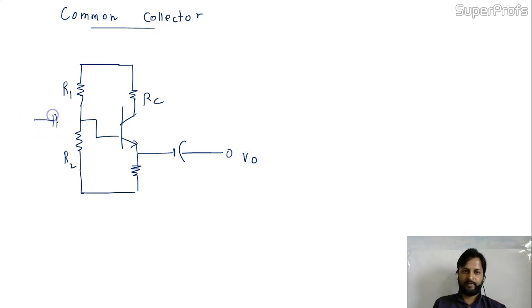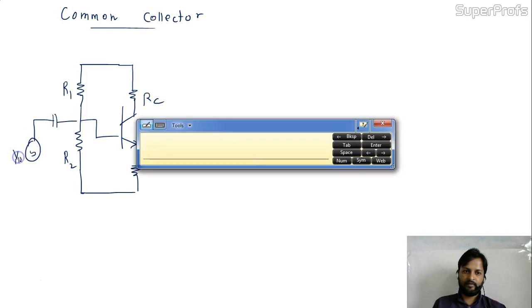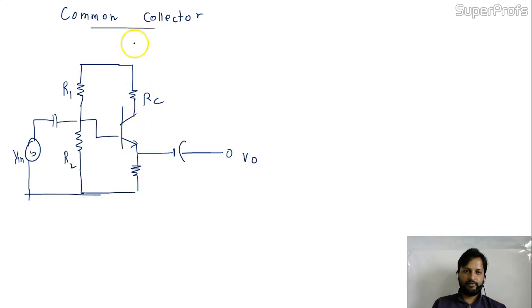At the base I'm applying Vin. I'm sorry for this. You can see here VCC. One more thing I forgot: the collector element will be connected in parallel with the capacitor. This is the common collector.